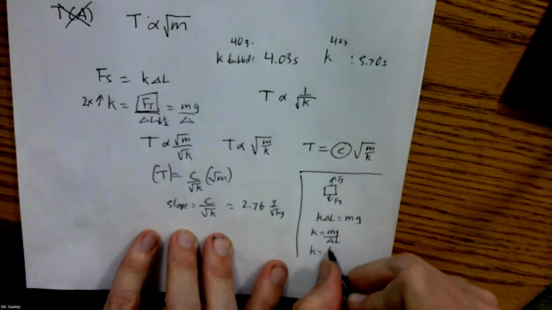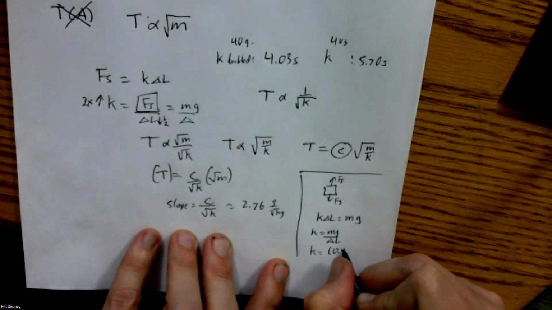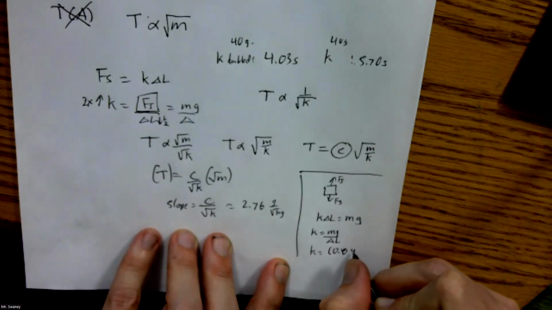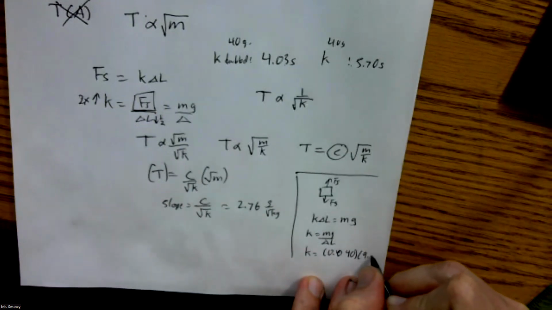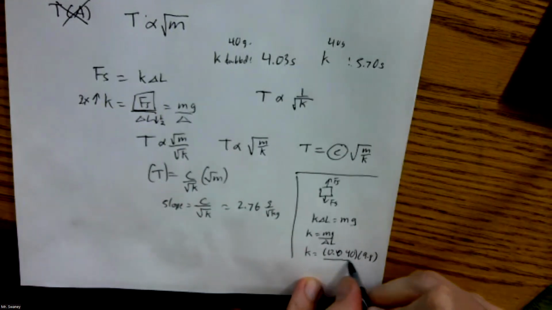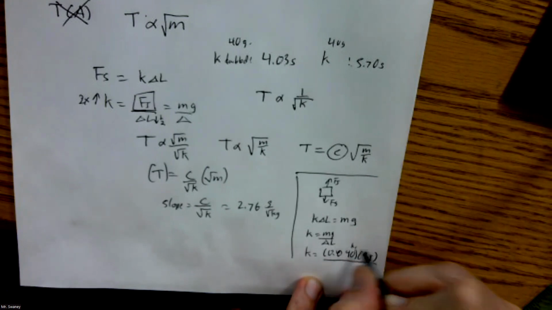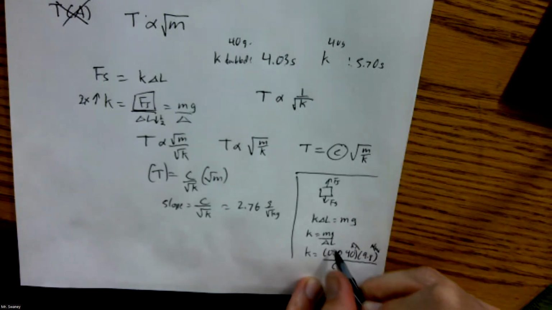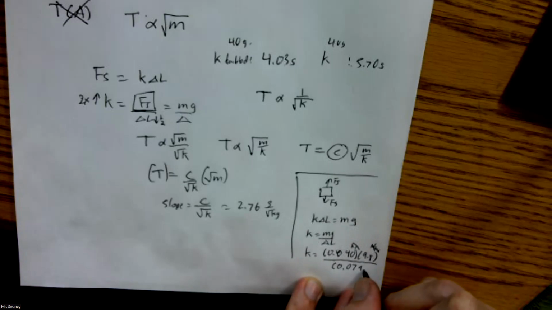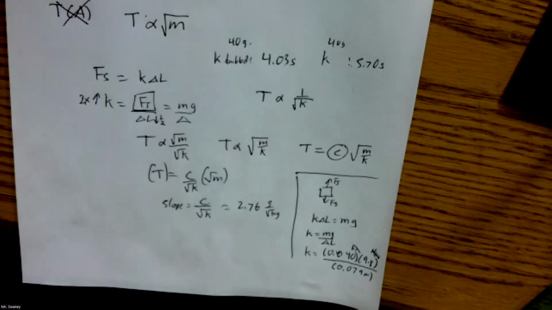The mass was 40 grams, so 0.04 kilograms, times 9.8 newtons per kilogram. The kilograms go away. Newtons over meters, which was 7.9-ish centimeters, 0.079 meters.